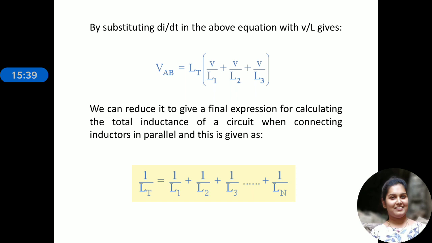This final expression is very much equivalent to resistors connected in parallel, that is, the reciprocal terms. Like the calculations for parallel resistors, the reciprocals, that is 1 by Ln values for the individual inductors, are all added together instead of the inductors themselves.